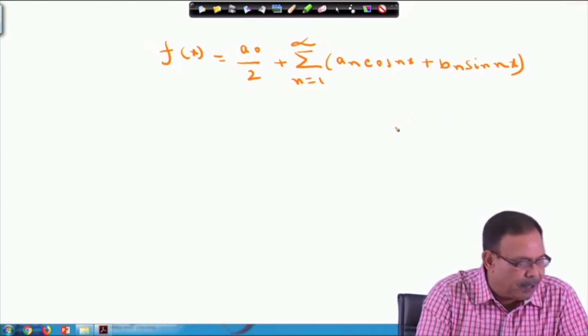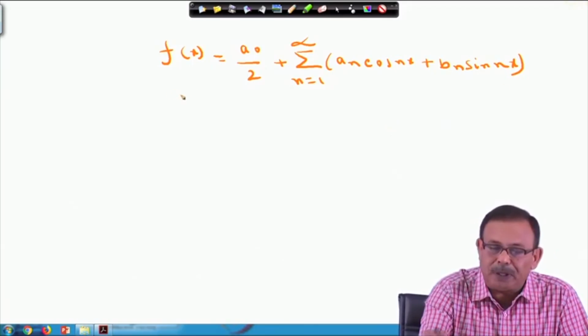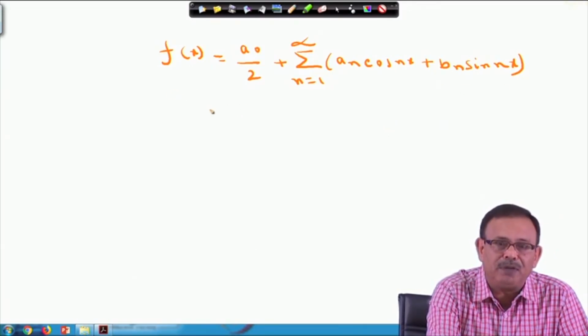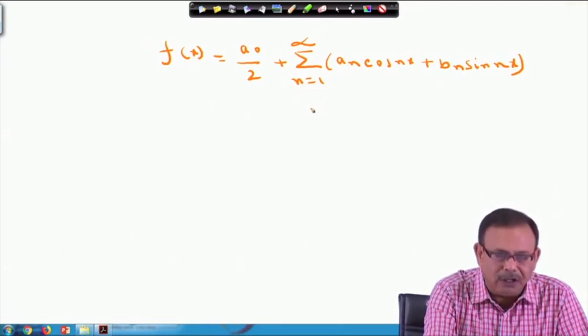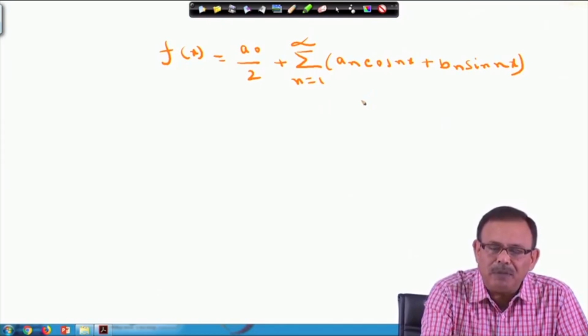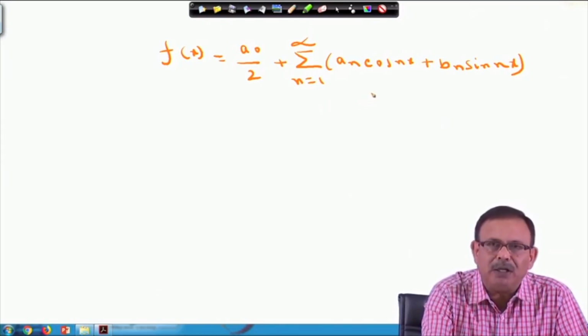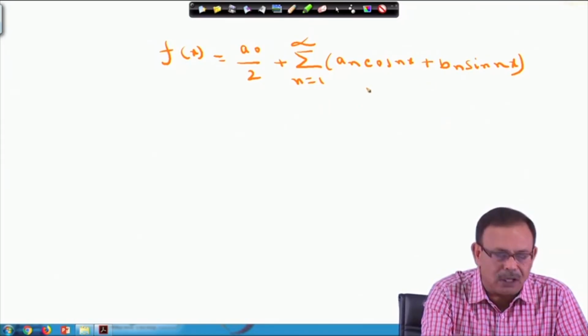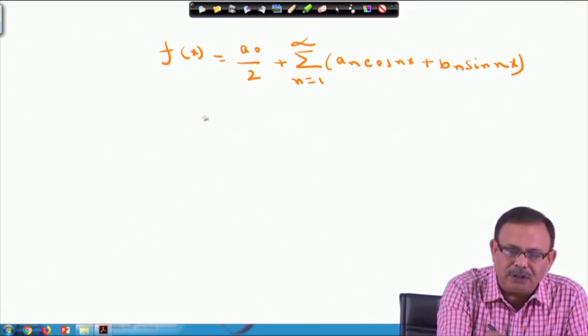Now, you multiply this equation by f x on both sides and integrate from minus pi to pi, and whenever I am integrating from minus pi to pi each term, the concept of uniform convergence is coming.